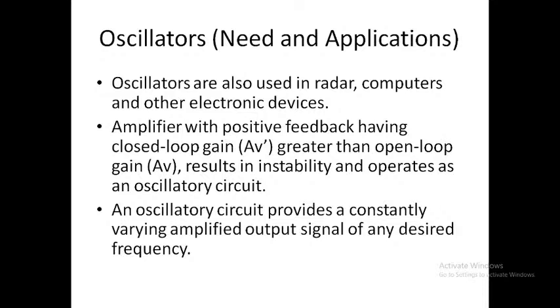AB dash greater than AB results in instability and it operates as an oscillatory circuit. How this instability is causing the circuit to oscillate and generate a frequency, we'll see in our subsequent points. Also, an oscillatory circuit provides a constantly varying amplified output signal of any desired frequency.